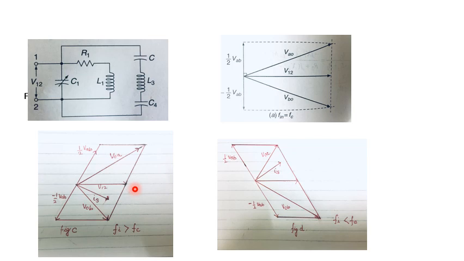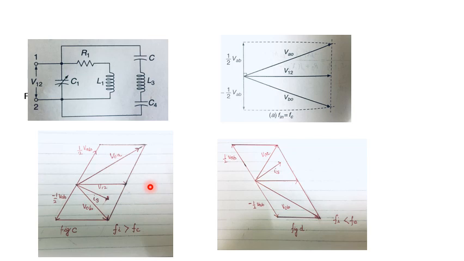Or in other words, the circuit starts behaving as an inductive circuit. So in this case also, when the incoming frequency is greater than the resonant frequency, the primary and secondary circuits will start behaving somewhat like the inductive circuit.